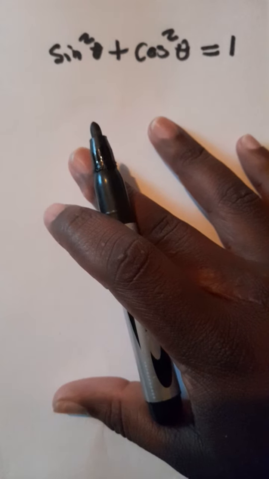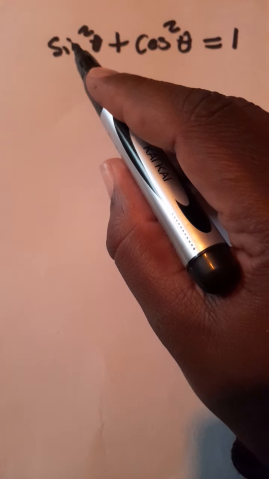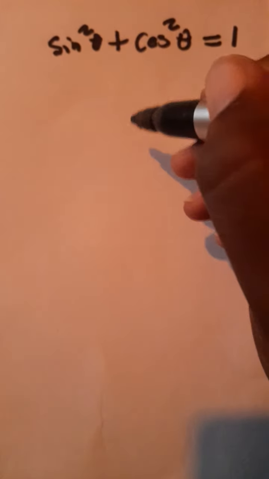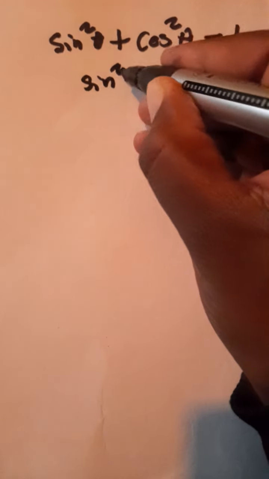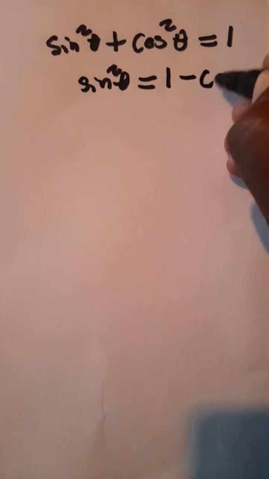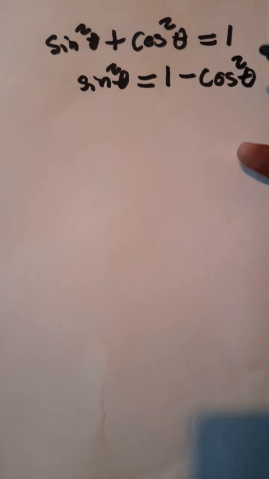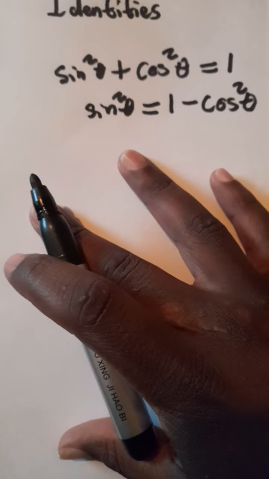That's a square identity. And this can also be written as, let's transpose cos to the other side, sine squared theta equals 1 minus cos squared theta. All of this is called a square identity.